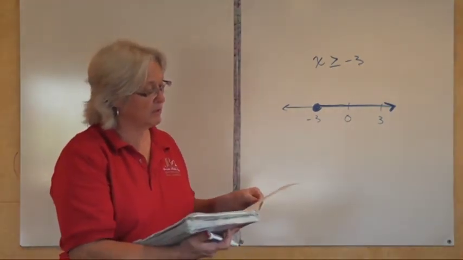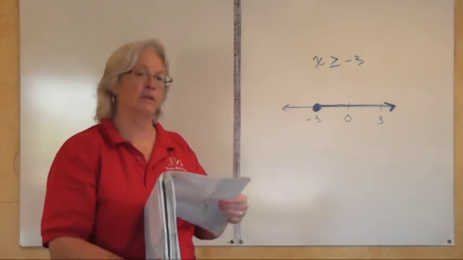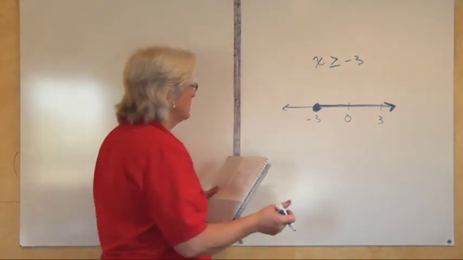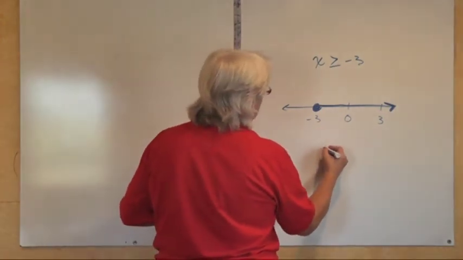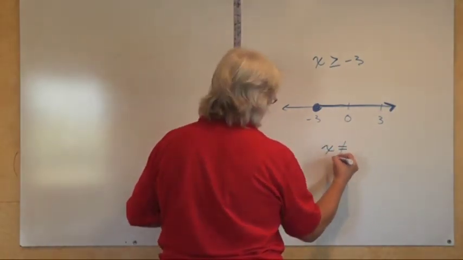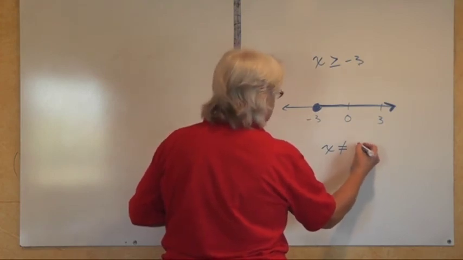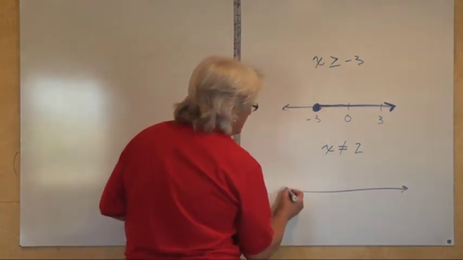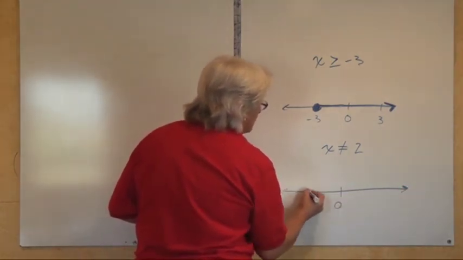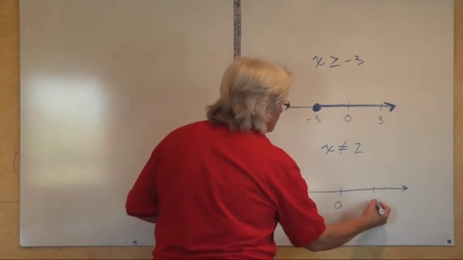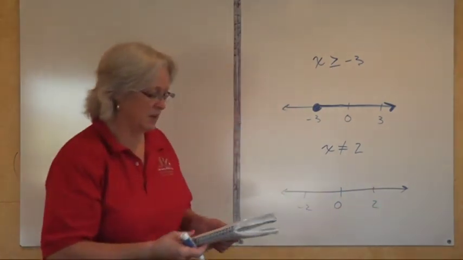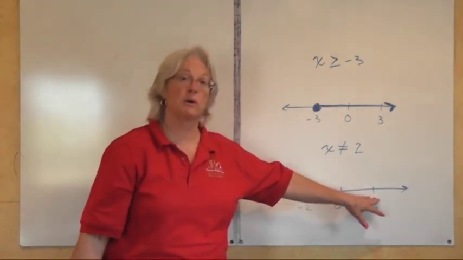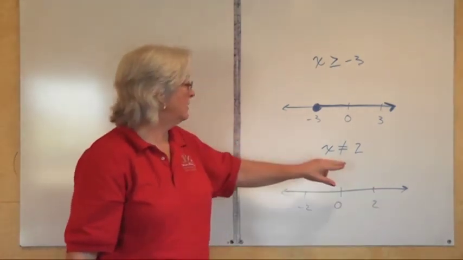Let me do one more for you. And this is going to be an important one to understand, because here we're showing one where we have negated. We have x is not equal to 2. 0, negative 2, 2. We know that we're talking somehow about 2. So we have to show our 2 on the number line.